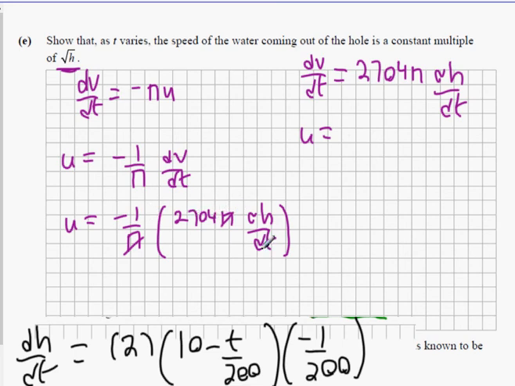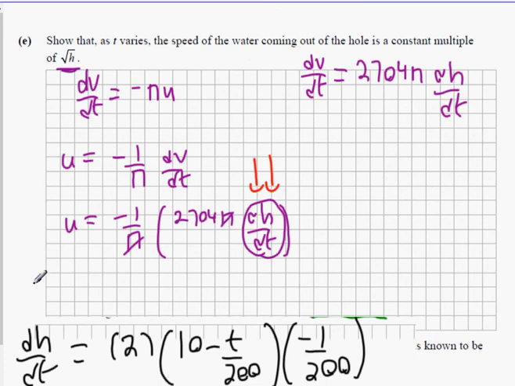We also know what dH/dt is from earlier as well, don't we? We differentiated dH/dt in part B and C. So we know what dH/dt is. So it's going to be minus 2,704, which is from the 2 pi's cancelling. Now I'm going to look for the dH/dt I've already done previously to this. It's down there actually, it's right underneath. Do you see it? So I'll need a bit more space.